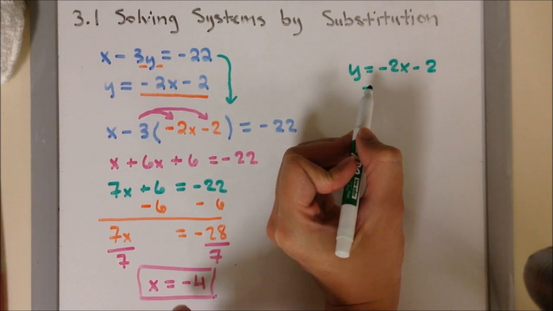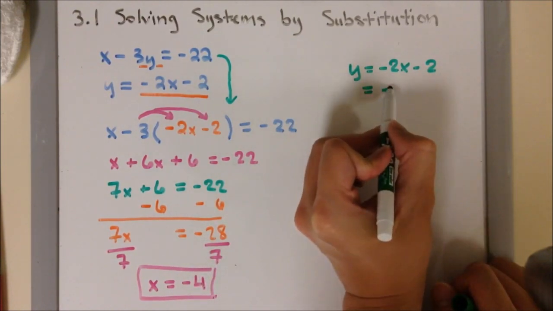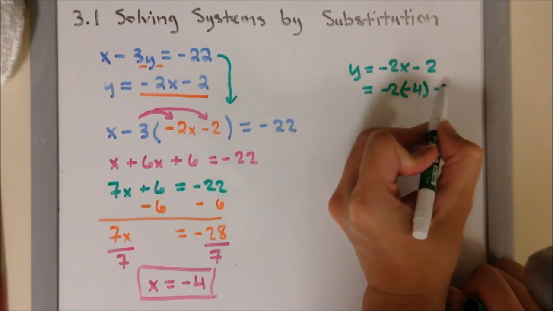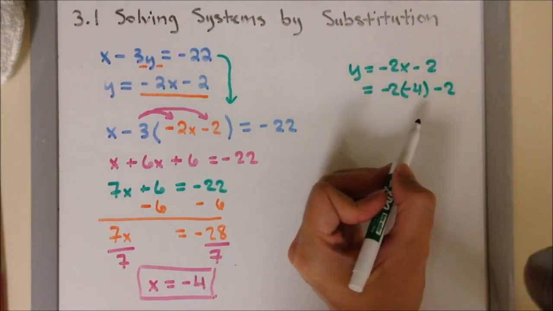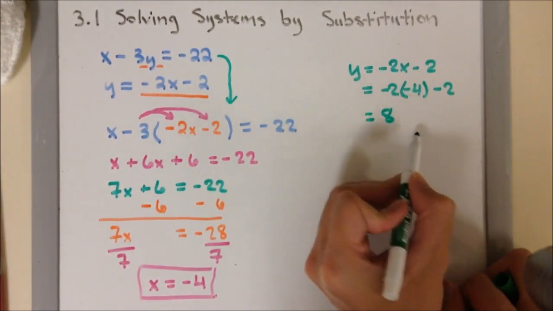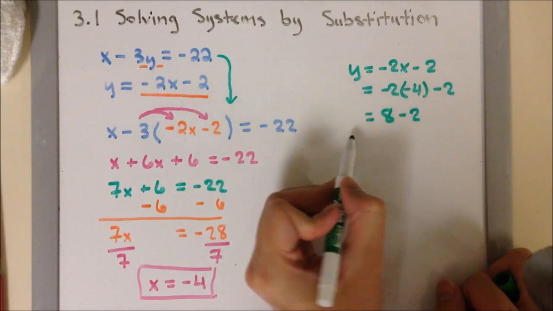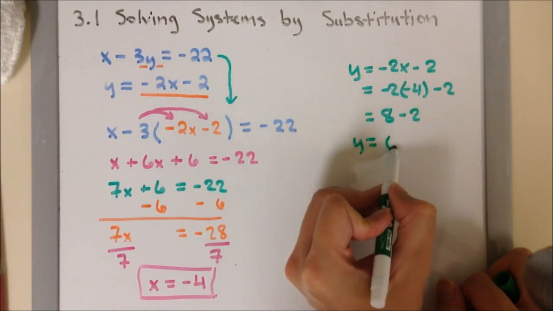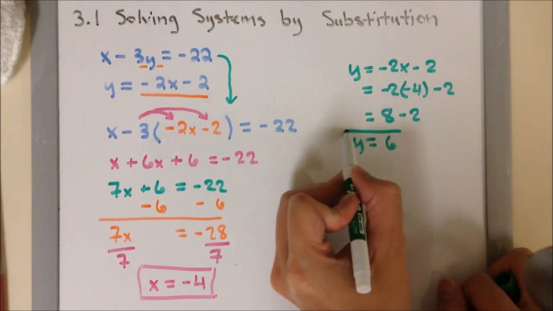The value for x is negative 4. So it's going to be negative 2 times negative 4 and then minus 2. So negative 2 times negative 4 will be a positive 8, and then bring down the minus 2. So y equals 8 minus 2, which is a positive 6. So here's our second solution.